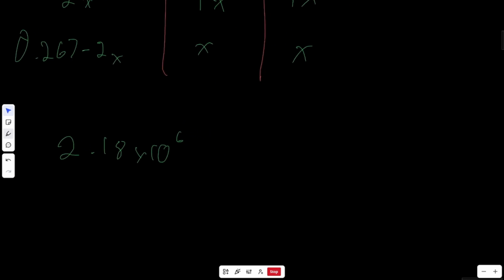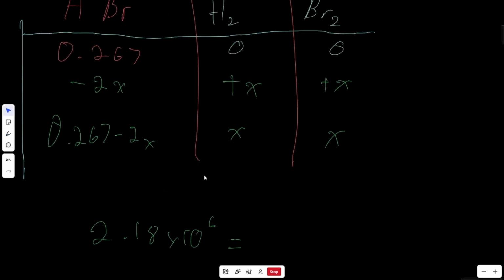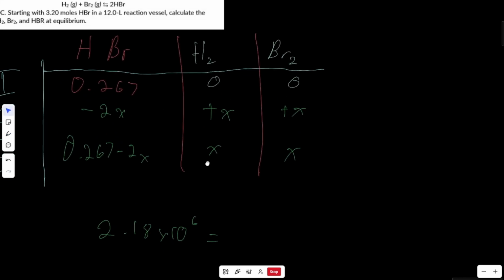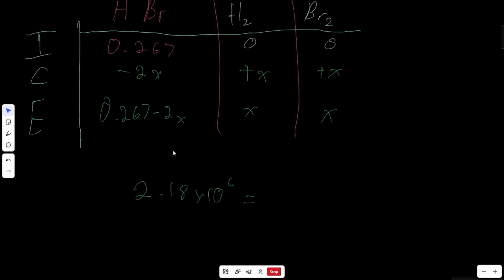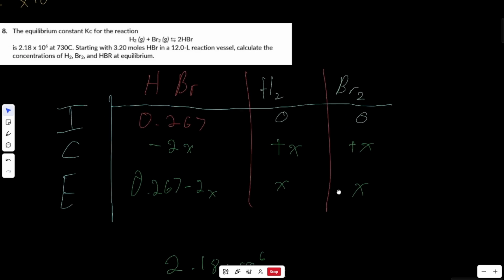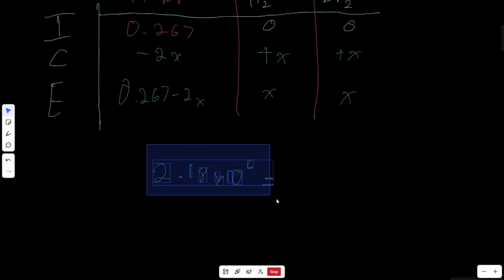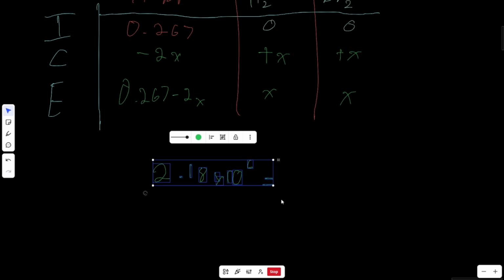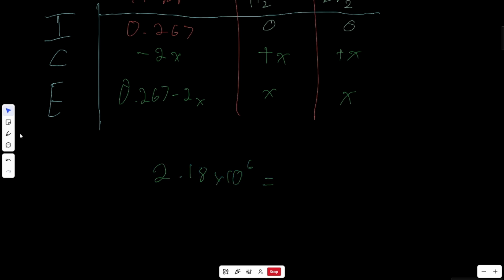This is our Kc. In the regular reaction, we would have it go towards the right. However, since it's reversed, notice we're going from right to left. When we reverse a reaction, we actually invert our equilibrium constant. So this entire thing is to the power of negative 1.